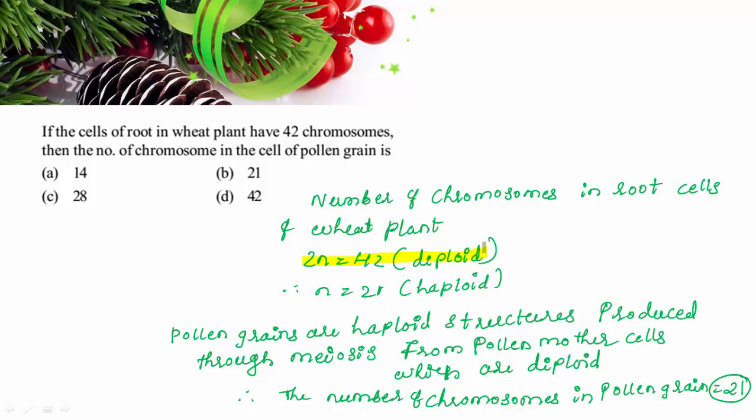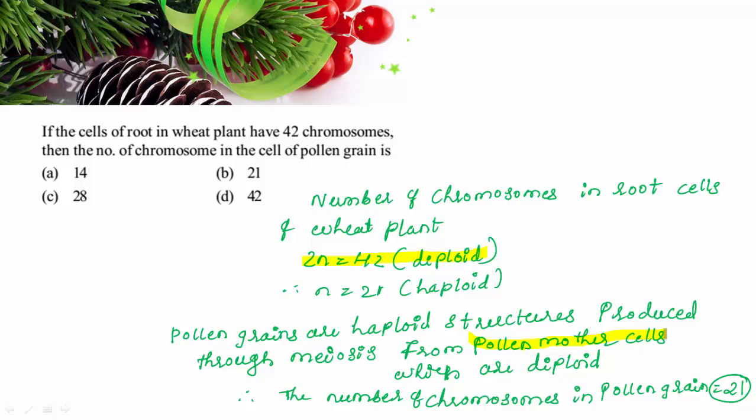Then the pollen mother cells which are present in the anther, because wheat is an angiosperm, the plant body of the angiosperm is sporophyte and it is diploid in condition, and the same number of chromosomes will be present in the pollen mother cells of the anther.